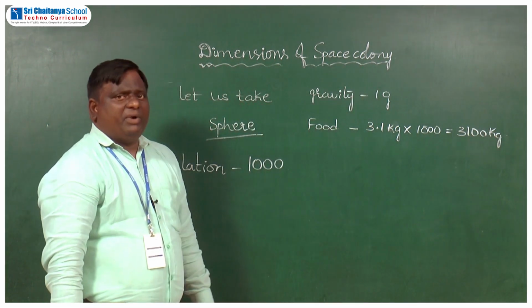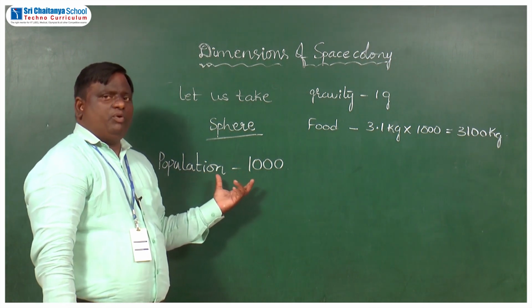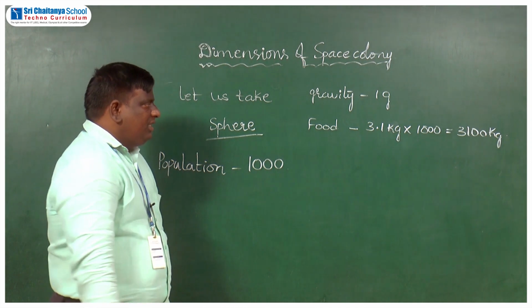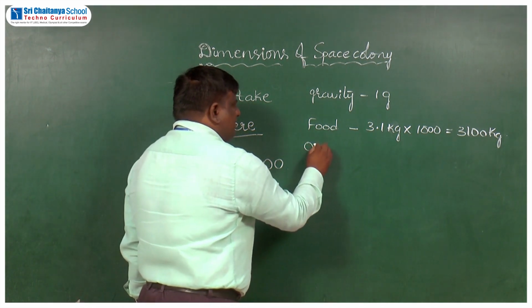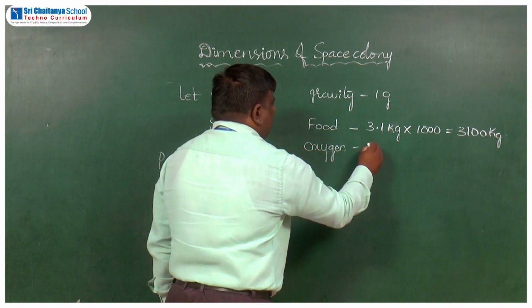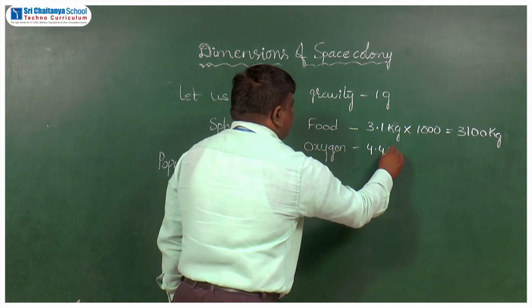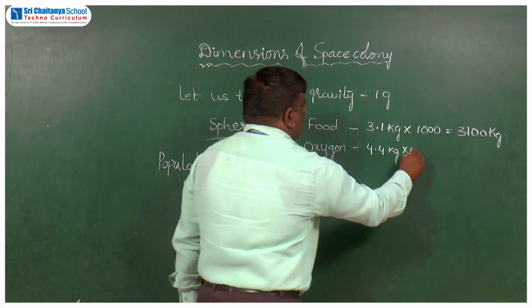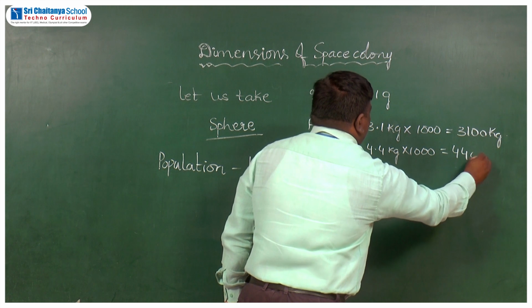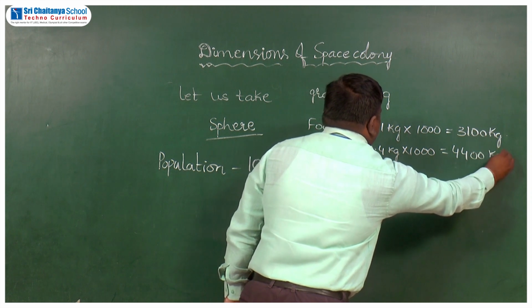So the food required per day for 1,000 people inside the space colony is 3100 kg. Similarly, oxygen: 4.4 kg into 1000, which is equal to 4400 kg.